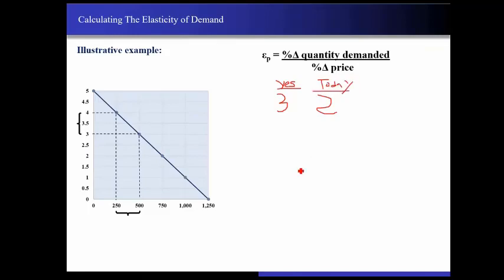If I asked you how much more expensive gasoline was yesterday compared to today, how would you calculate that? You would use the formula new minus old, I'll do an O for old, over old. So in this case, we would take 2, subtract 3. Today it's $2, yesterday it was 3.